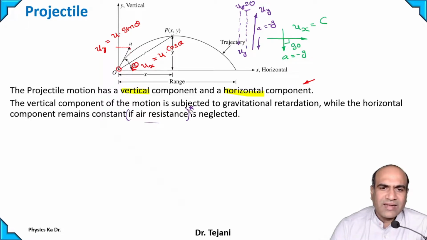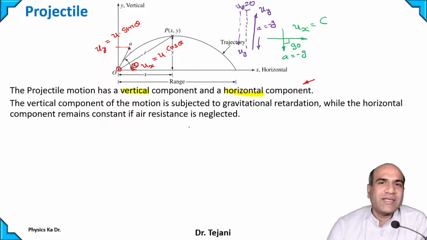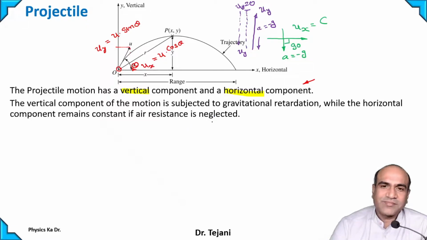So we can neglect it in the initial study wherever the effect is negligible, on the range, velocity, speed, and vertical height. If it is negligible, we may neglect it to avoid complexity. So throughout the chapter, throughout physics, we will be neglecting air resistance.